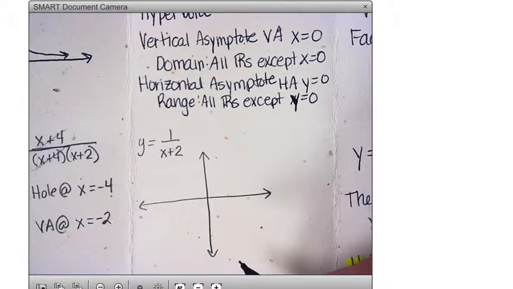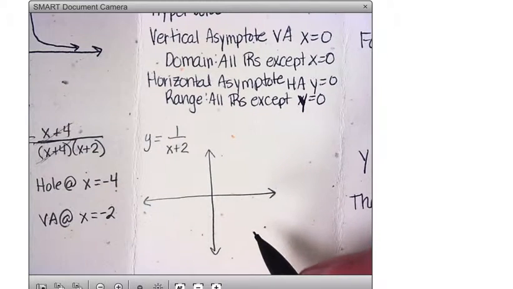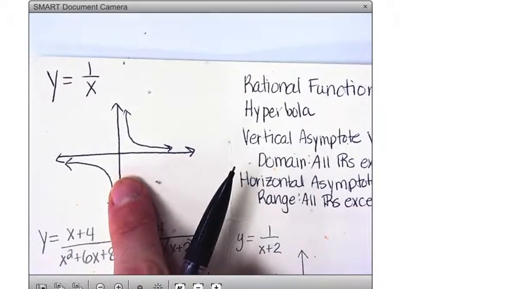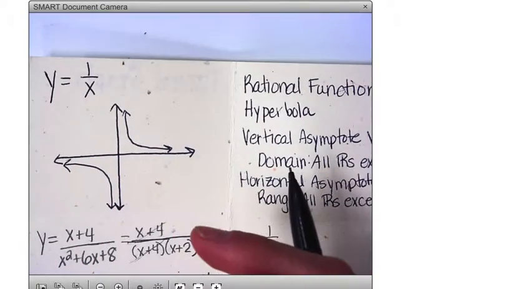Stop moving. I'm not giving you homework. Don't make me regret that. What did plus 2 on the bottom do? It goes left 2. So think about that parent graph. That is going to shift everything over 2.